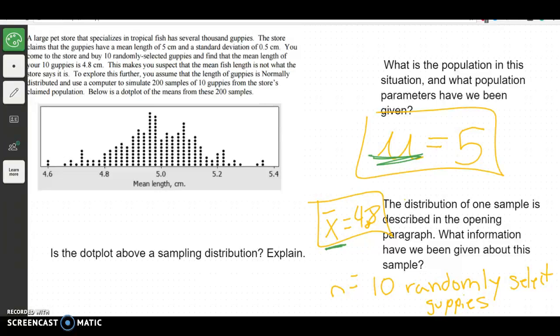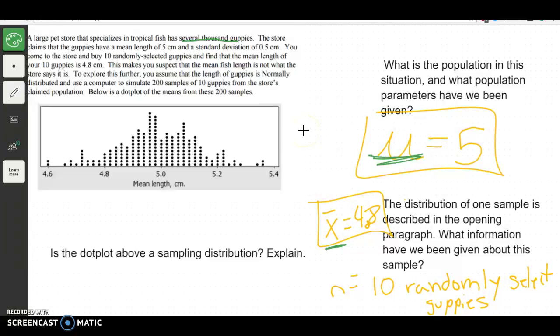Okay, and it would ask, is this dot plot above a sampling distribution? And the answer to this would be no, because we just ran this simulation for 200 samples, and we can assume that since they have several thousand guppies, this wouldn't match all several thousand if you just did 10 sets of 200.